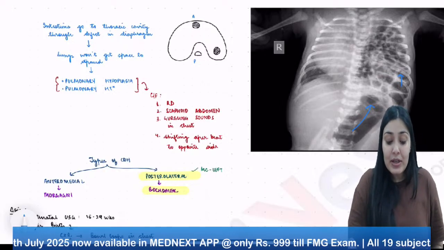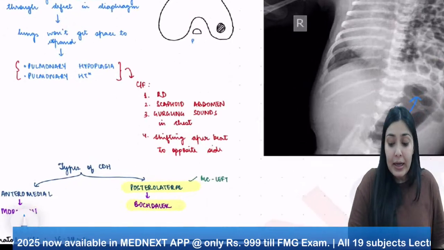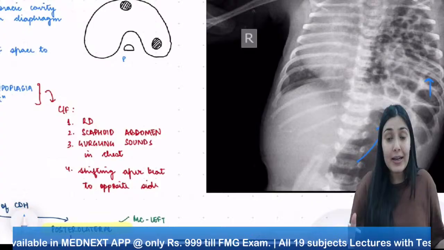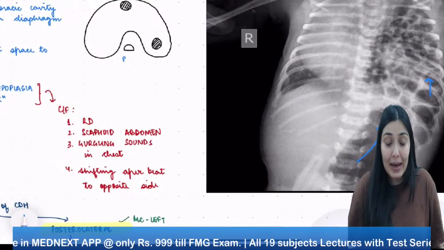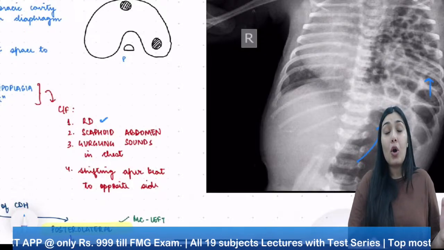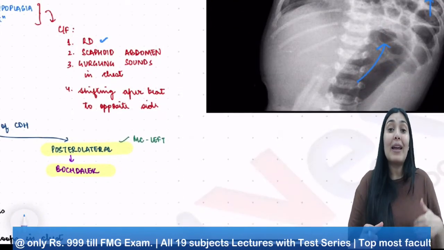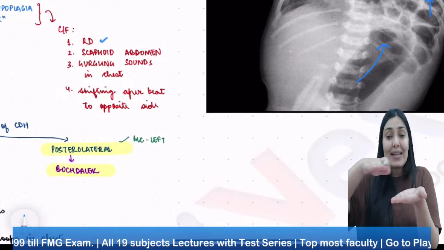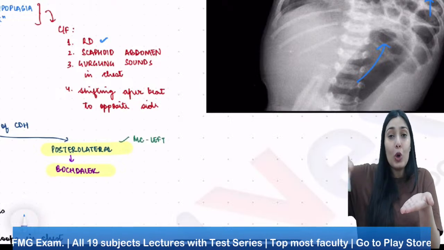What are the important features that you need to know over here? How will the child present? Obviously, because the lungs have not got enough space to expand, the child would have respiratory distress. Also, the contents of the abdomen have migrated into the thorax, so my abdomen would be empty. So the child is lying down like this. I will notice a hollow abdomen.